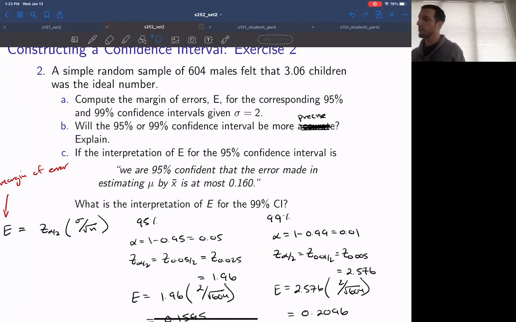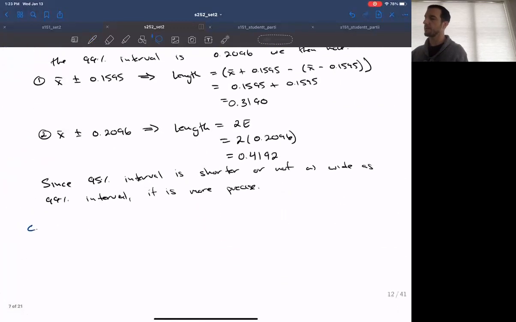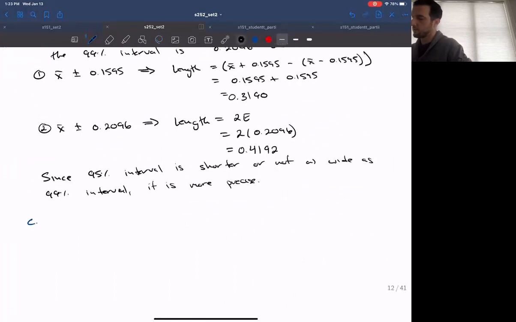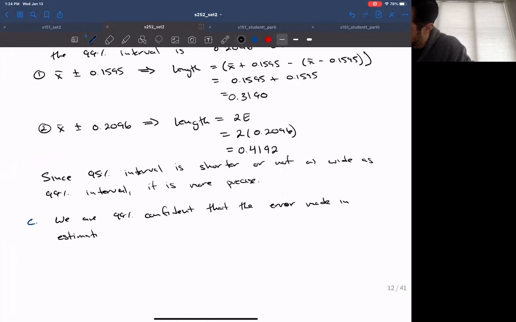So in the context of our problem, we could write something like we are 99% confident that the error made in estimating mu by x bar is at most 0.20, or let's just round it to 3 decimal places, 0.210.